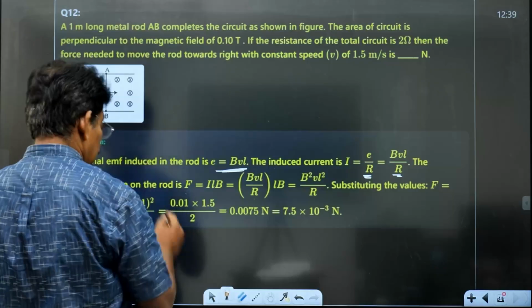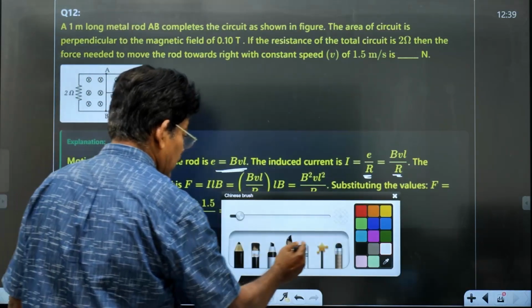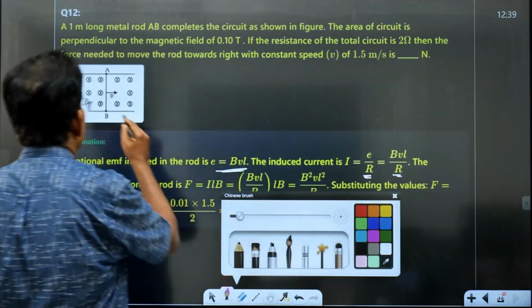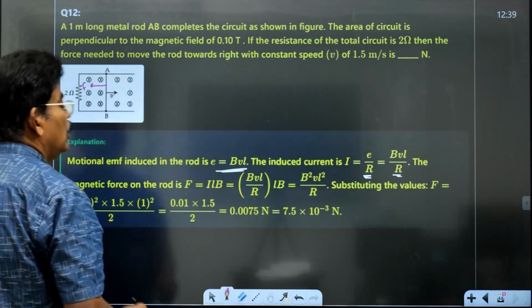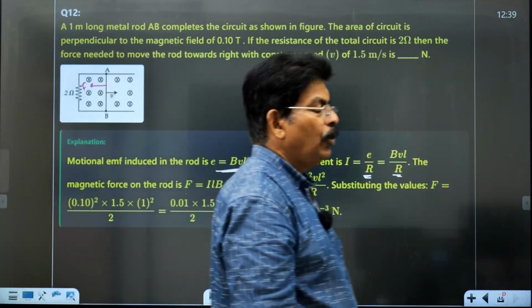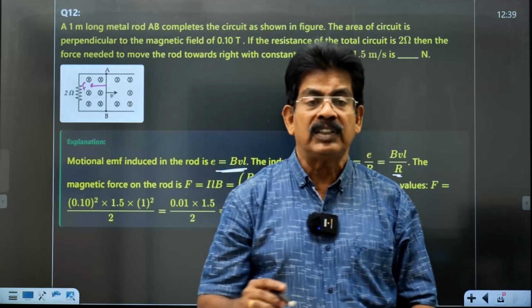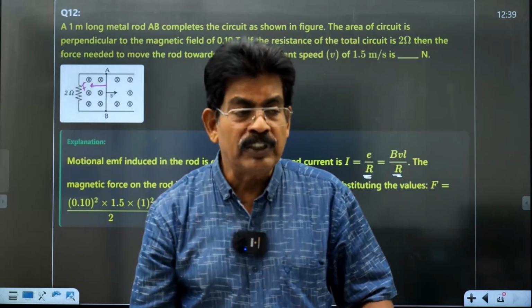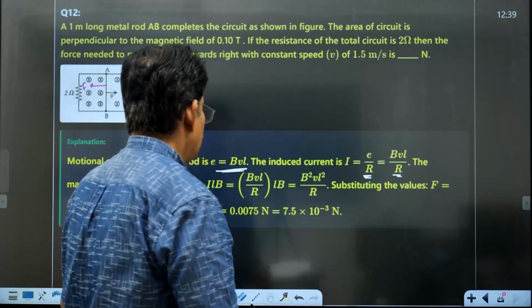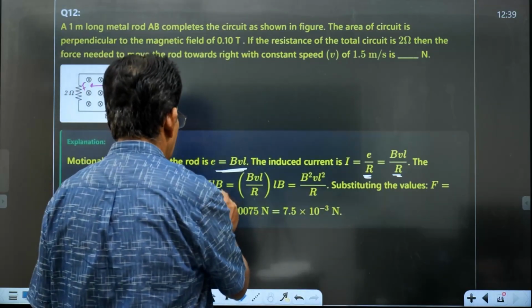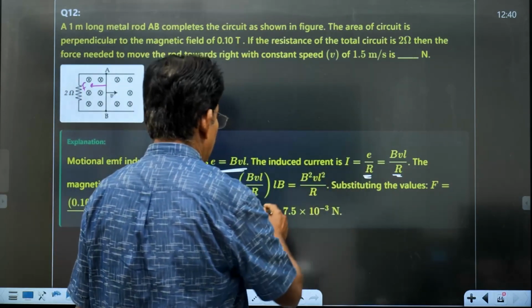As a result, there will be a force acting on the rod, pulling it backwards. If you are pulling the rod towards the right, there will be a force acting towards the left, and the force is given by BIL. I we got as BLV by R.